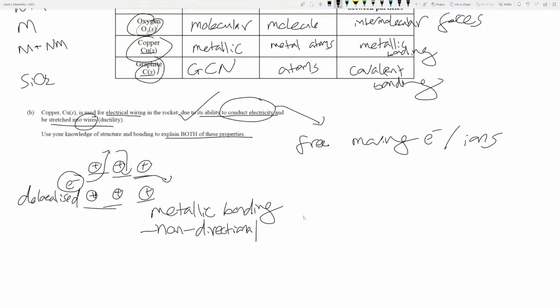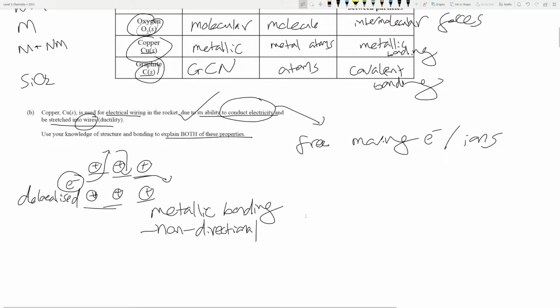So that's the reason why they're malleable and ductile. These particles are held together by just this force of bonding, and then you can press it, you can stretch it, you can do whatever you want to it. They will still stay intact because they can move around each other without disrupting the metallic bonding, which is what's holding it together.